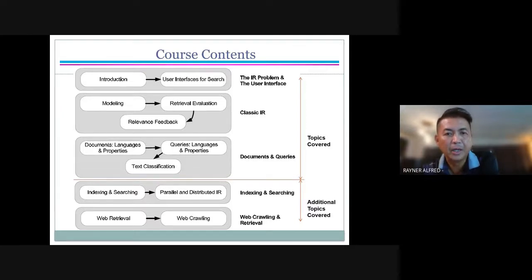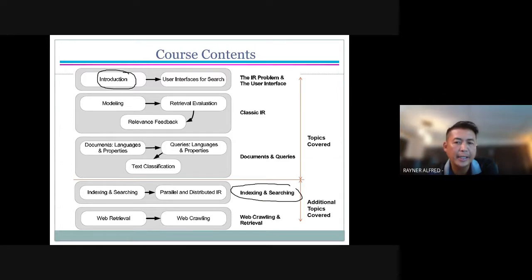Okay, so this is the map of your study for this course. So today, basically, you have completed this part. Okay. And like I mentioned just now, we will not be covering indexing and searching. We will not be covering web crawling.